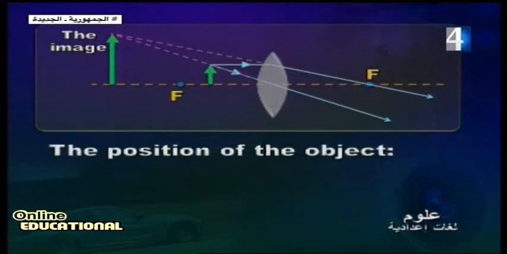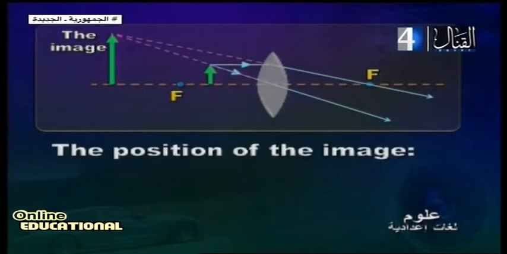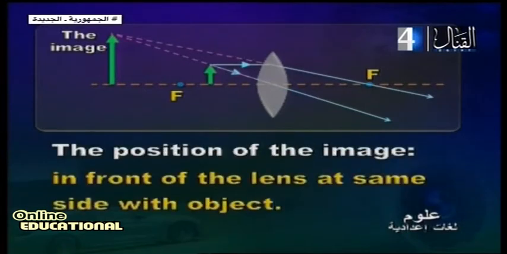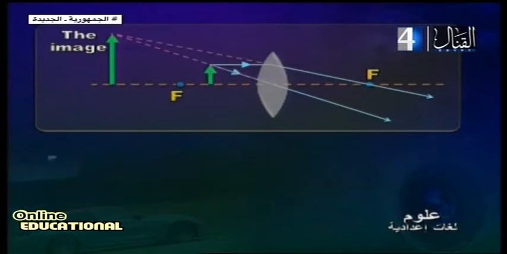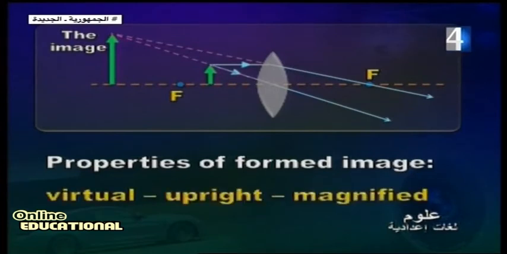So, position of the object, of course, is less than the focal length, and the position of the image is in front of the lens, at the same side of the object, not on the other side. But last thing, the properties of the formed image: it will be virtual because it's formed by the extension of refracted rays, upright and magnified, bigger than the object.